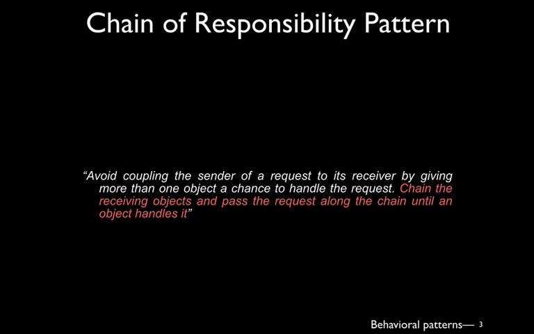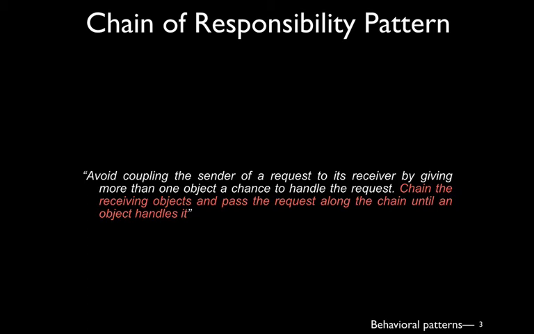So this could be a case where one object says, hey, I've got some event to do, could you please handle it? The object takes it up and says, is this something interesting to me? Do I want to handle it? If it handles it, that's great. Otherwise, it simply passes it down to the next object in the chain, and that in turn may handle it or pass it along to the next object in the chain, and this may go on and on and on until maybe eventually no object wants to really handle this.